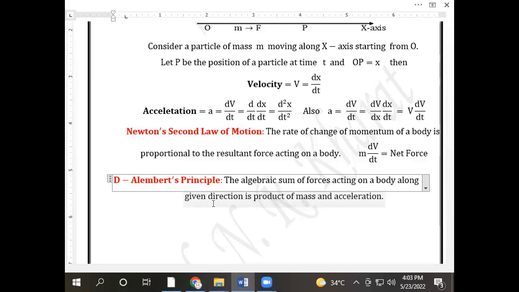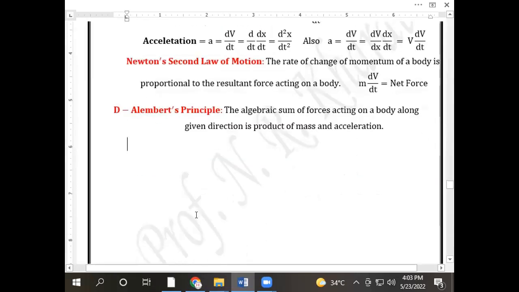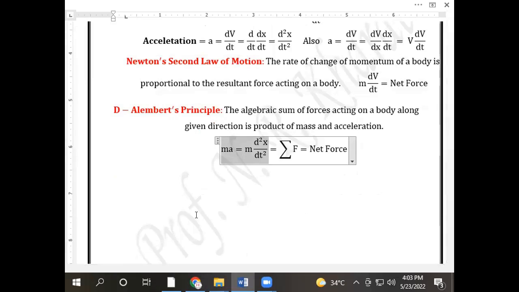He said that the net force acting on the body is nothing but mass into acceleration. So this is the formula of D'Alembert, ma, mass into acceleration. This a can be defined with the help of displacement and time: m d2x upon dt square is equal to the summation of all the forces, the net force.